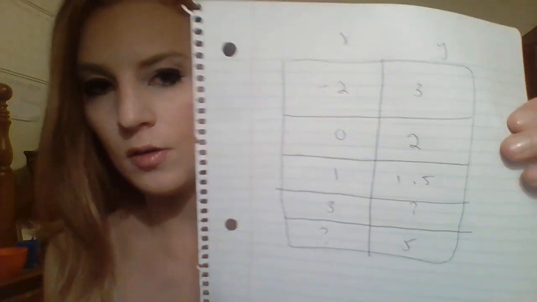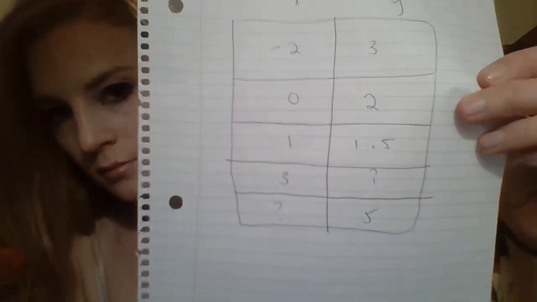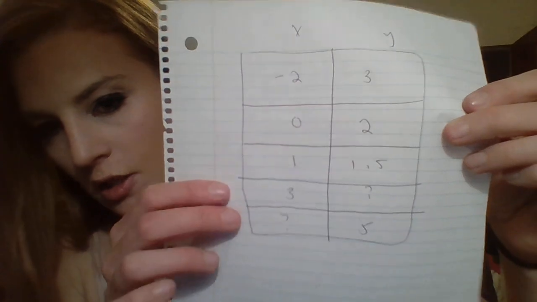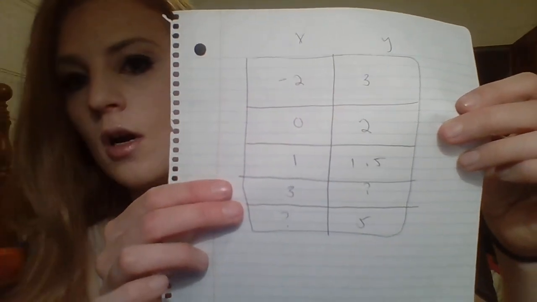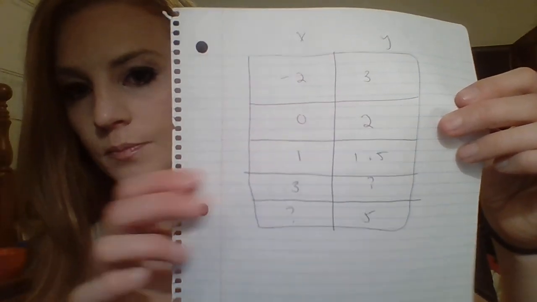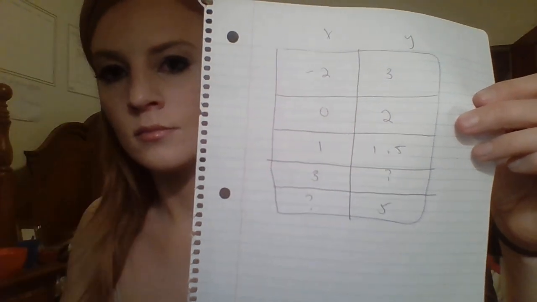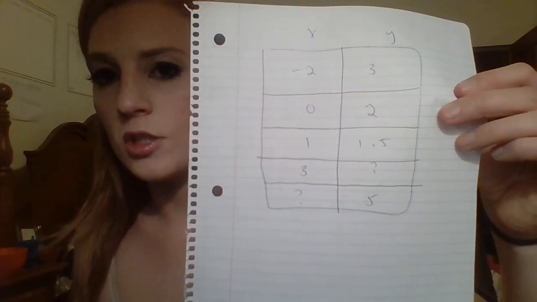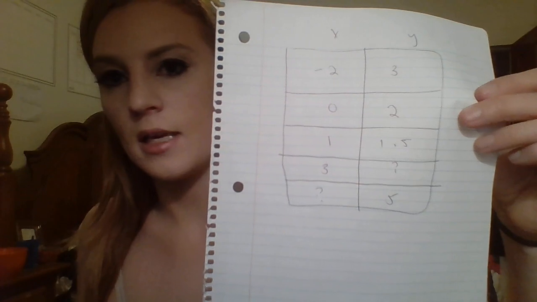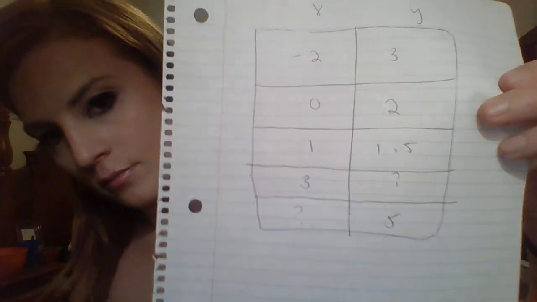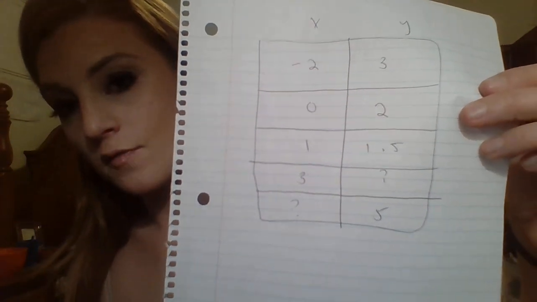So, I'm going to give you these values. And the last two are the ones that you have to solve for once you've made your equation. It's slightly more challenging, but not really. It's the same exact steps. Just has fractions.